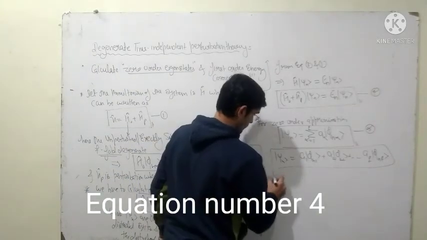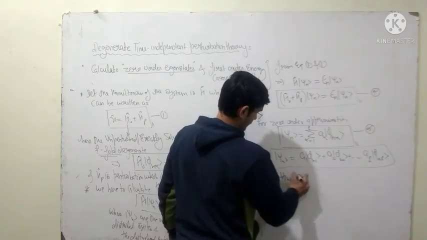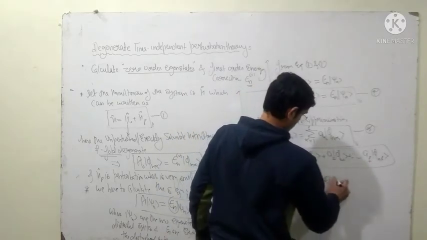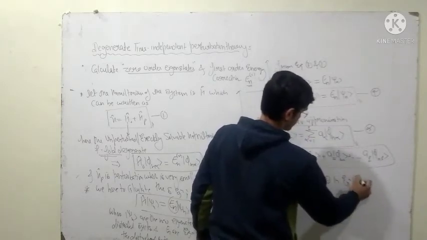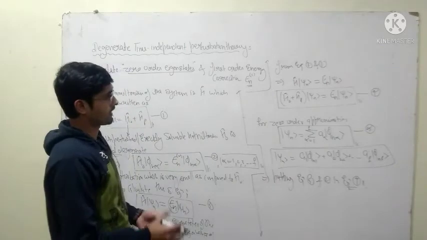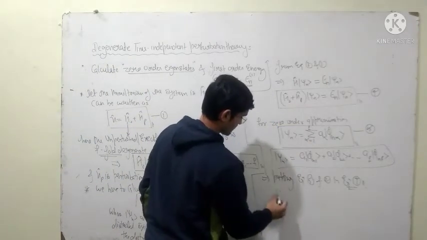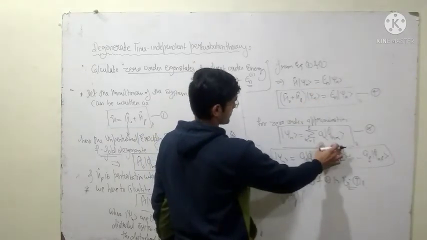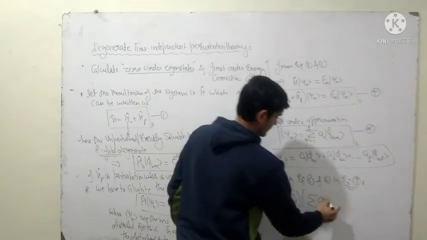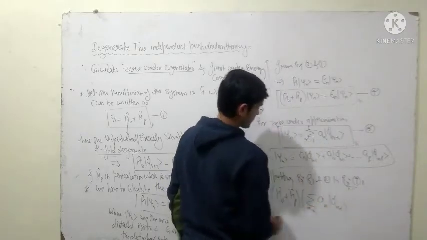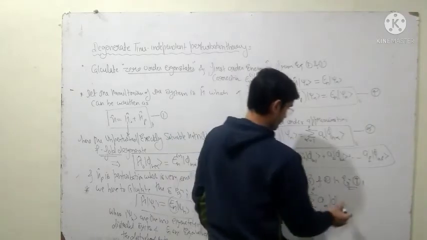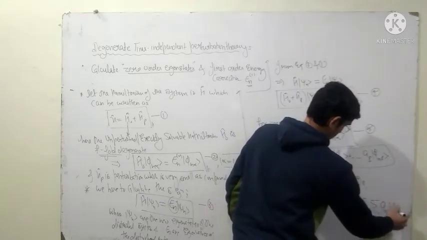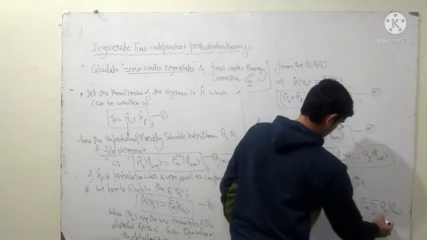So putting equation number 5 and equation number 2 in equation 4, equation number 4 can be written as H naught plus Hp, acting on the summation of a alpha phi n alpha, alpha equal to 1 to f, is equal to En times the summation of a alpha phi n alpha, where alpha is from 1 to f.